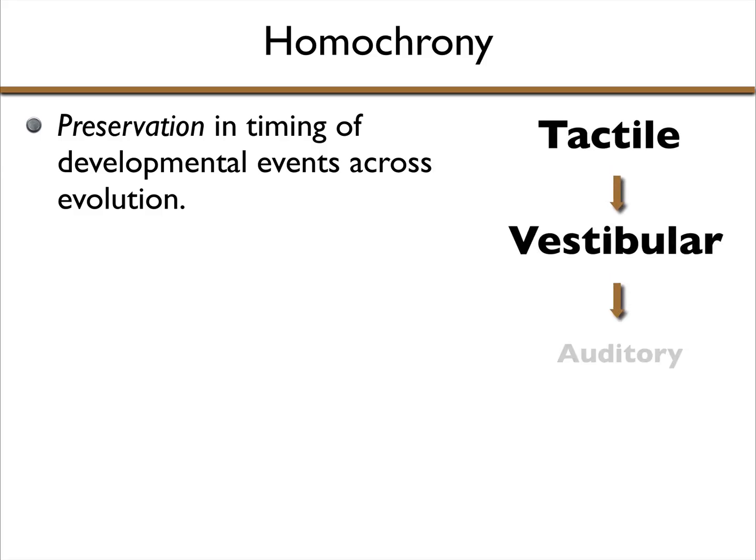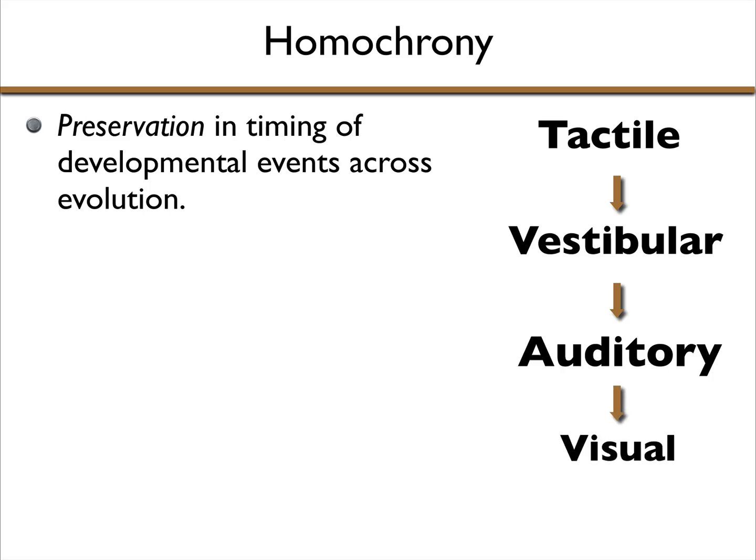And these are the senses that actually show this phenomenon of homochrony. Tactile, the sense of touch; vestibular, balance; auditory; and visual. Across a very wide range of species, that is the order in which these systems become functional. So that is where homochrony is exhibited: a preservation in the timing of when these sensory systems become functional.